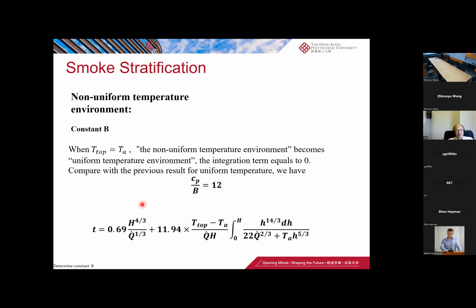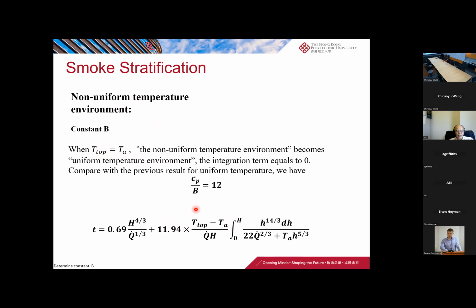But after being puzzled for some time, I thought about uniform temperature, because we have a lower part temperature and a top part temperature that are different. If the top temperature equals the bottom temperature, it becomes a uniform temperature environment, and for the uniform temperature environment, this integration term becomes 0.